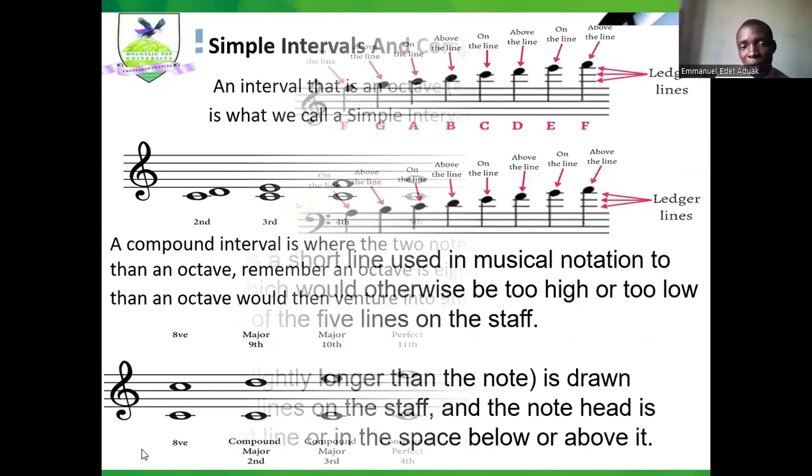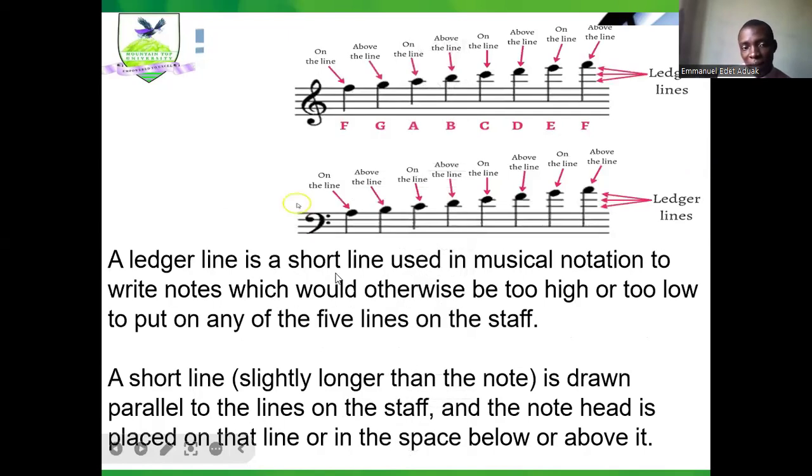Now let's look at ledger lines. What are ledger lines? Ledger lines are short lines used in musical notation to write notes that would otherwise be too high or too low to be put on any of the 5 lines on the staff. So when we want to extend the staff, we will need short lines.